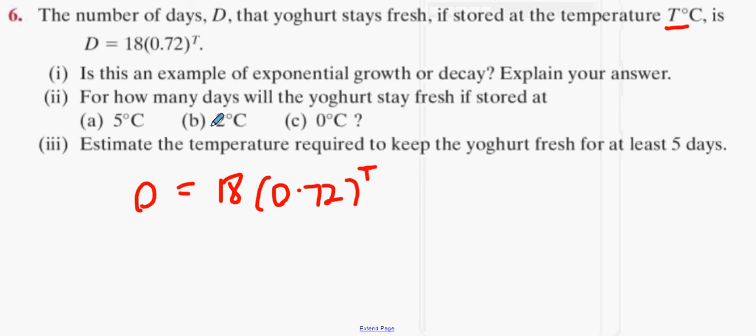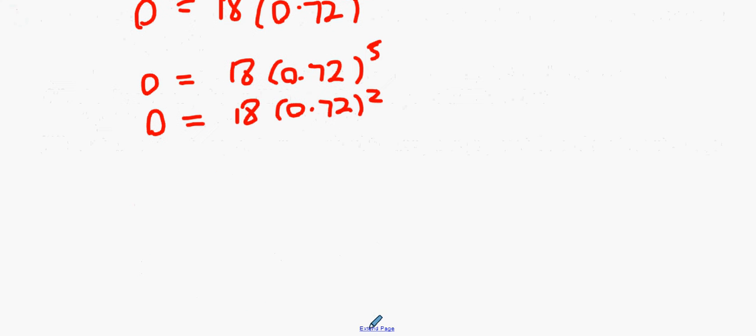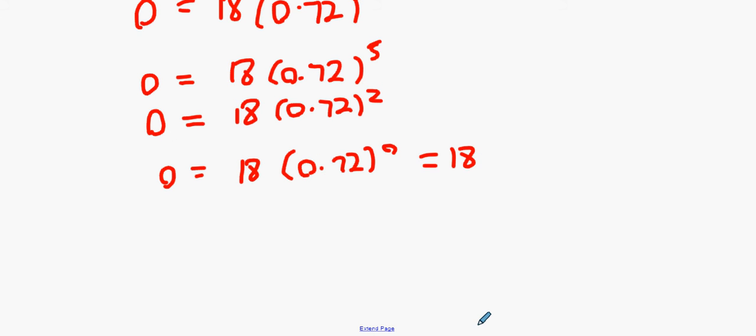Now, I need these numbers here. So what's the cheap way of getting these numbers? Table function again, except each time you're going to have to show your workings. So this one's to the power of 5. The next one's to the power of 2. And the last one's to the power of 0. Now, that's going to be 18. I have the answer for 2 already.